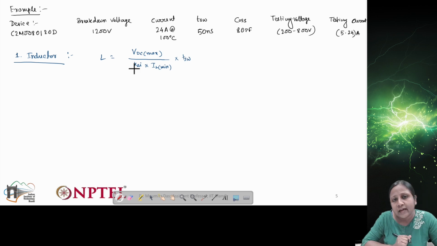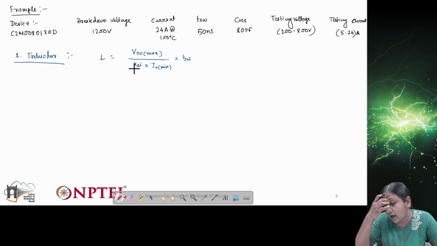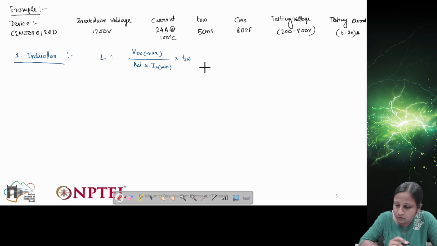Now how much K delta I do we select? We select some percentage of the current, depending on how much ripple we are going to allow. That depends on any factor we can select. In this case we are considering K delta I equals 25%.